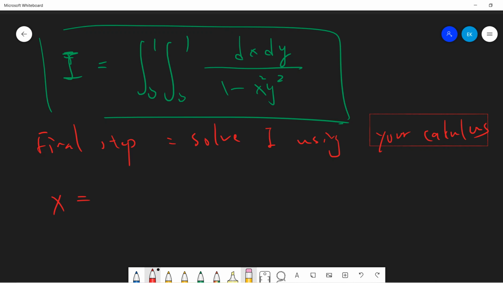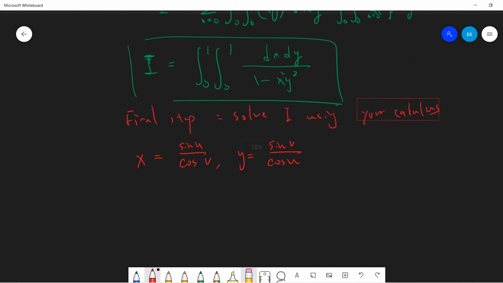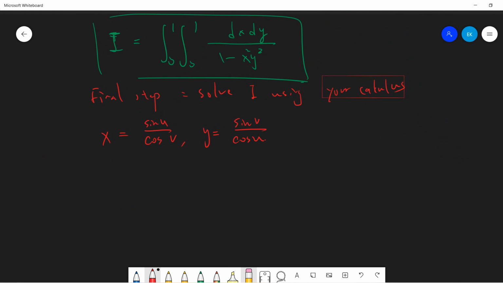You find out that x is cosine u over sine v, and y is cosine v over sine u. We use these two variables, and then first compute the result. 1 minus x squared y squared will be 1 minus sine u squared sine v squared cosine v squared cosine u squared, and dx dy needs to change with the Jacobian.